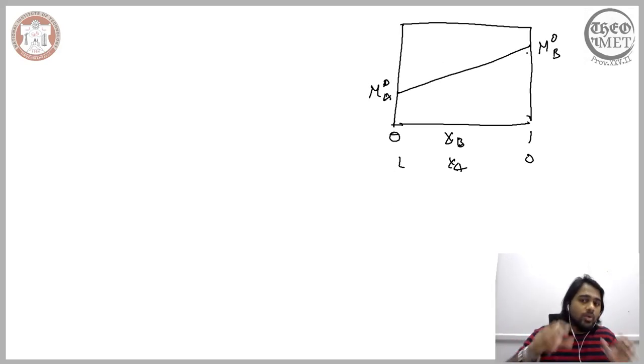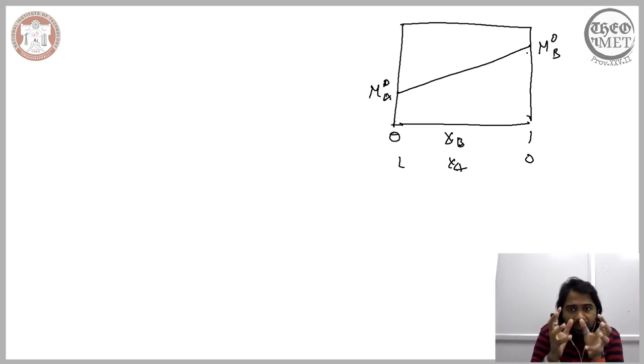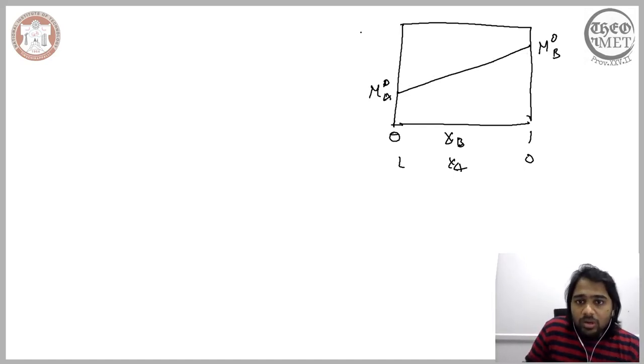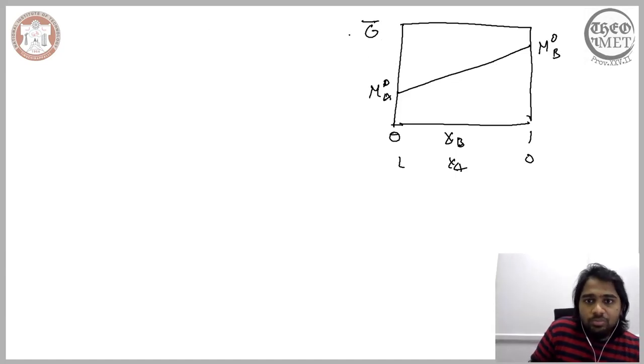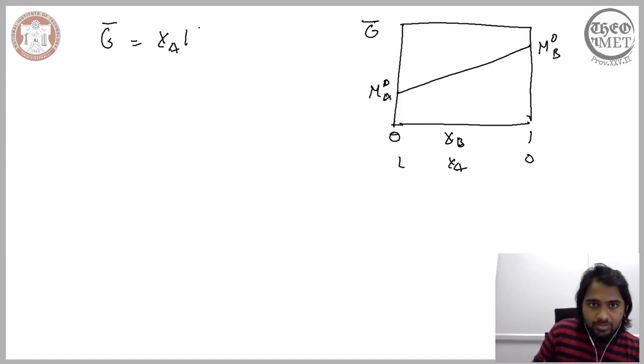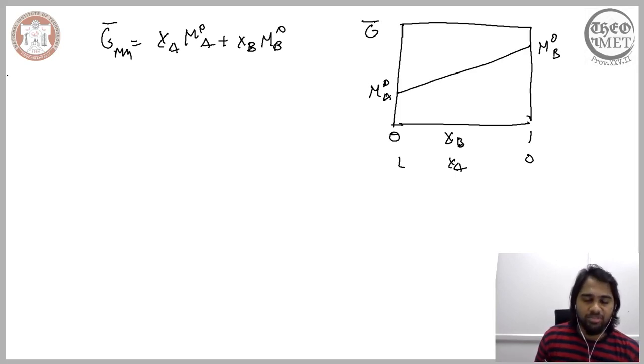So whatever Gibbs free energy function that we have, let us assume that it is for the mechanical mixture. This function that we have derived so far, which is in linear relation with the concentration, let us assume that it is for the mechanical mixture, because of its similarity to the mechanical mixture.